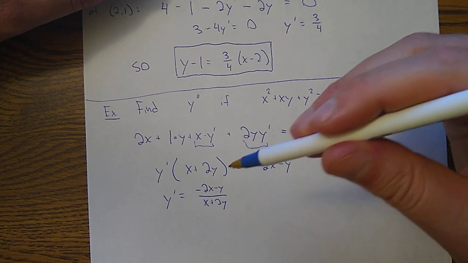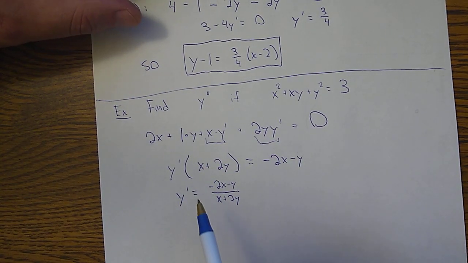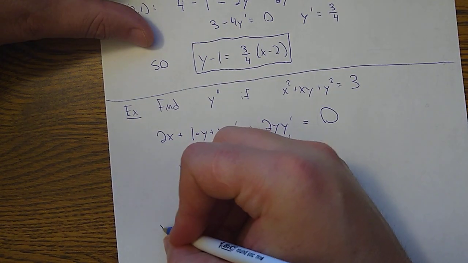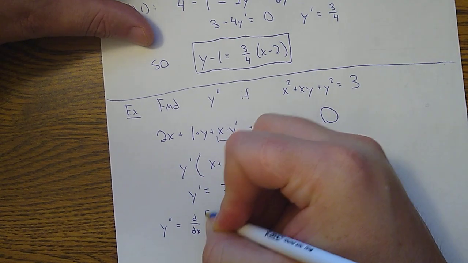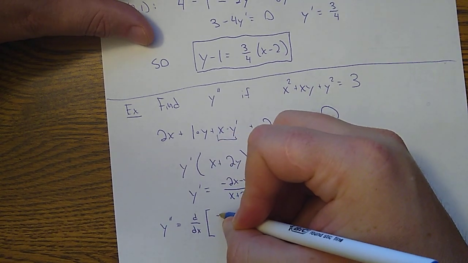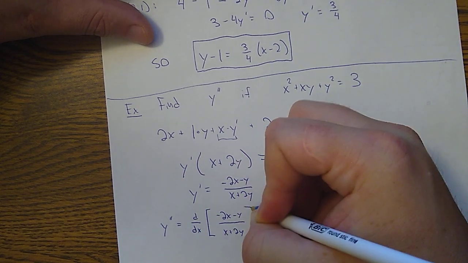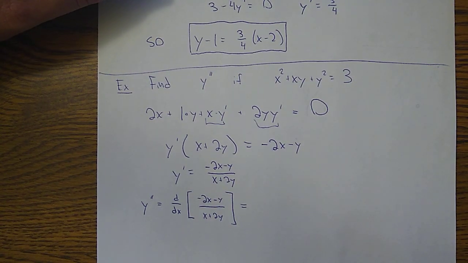Okay, now how do I find y double prime? Well, y double prime is just the derivative of y prime, with respect to x, so I'm just going to do the derivative of both sides with respect to x, and that'll be y double prime.